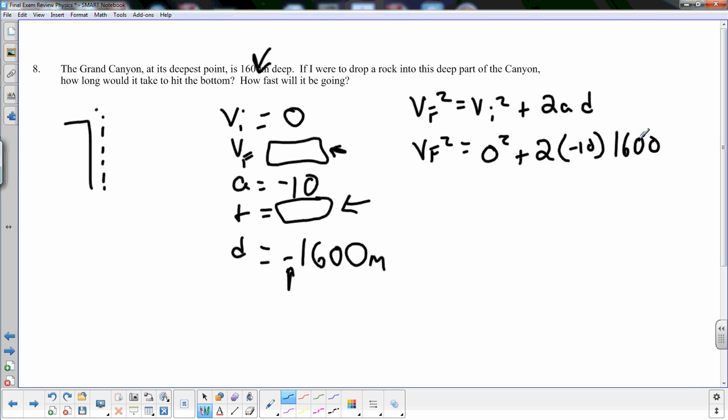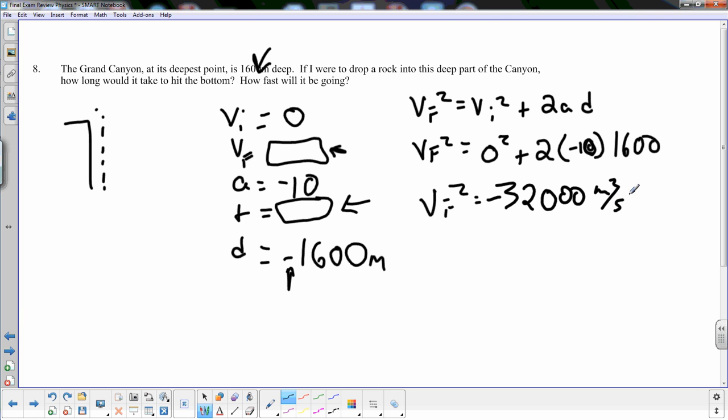So VF squared equals 2 times -10 times 1,600. It's going to be -32,000 meters squared per second squared. And again, that's all the algebra up there with the units, which I'm skipping over.